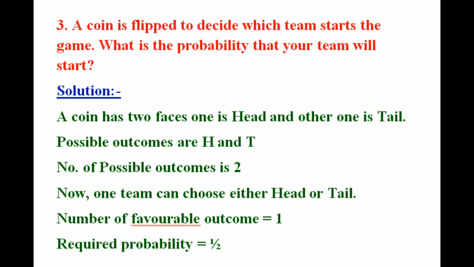Now one team can choose either head or tail, so the number of favorable outcomes is 1. Therefore the required probability equals the number of favorable outcomes, 1, divided by the number of possible outcomes, 2. So that is 1 by 2. Clear, children?